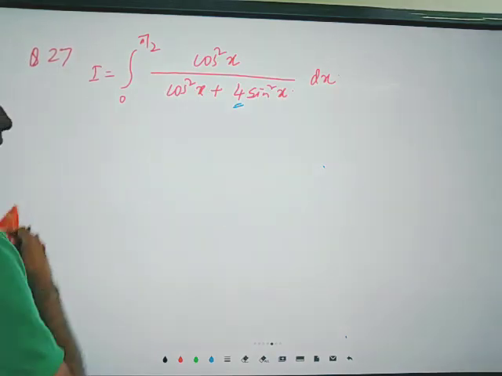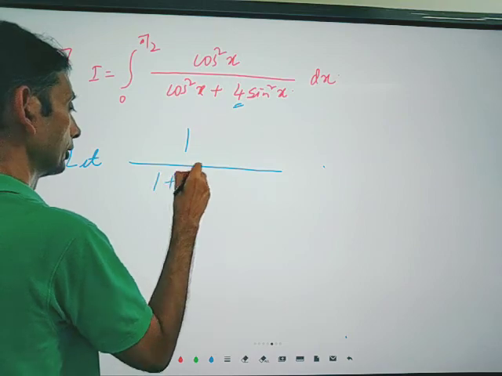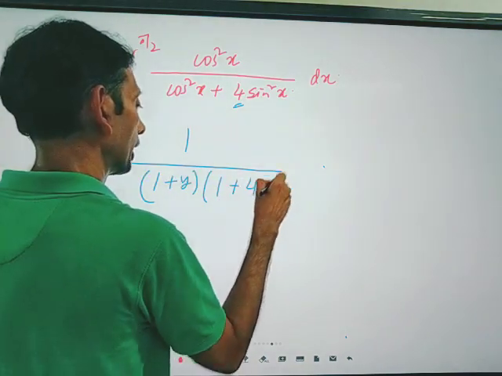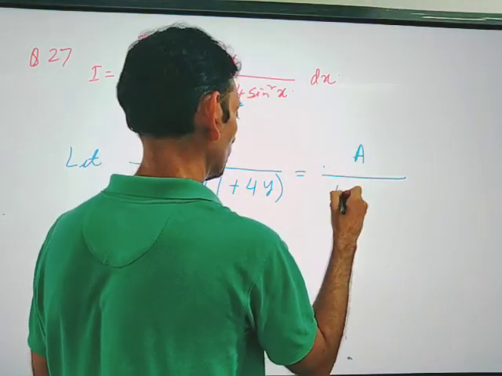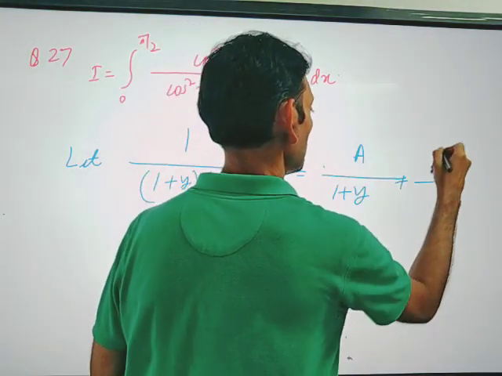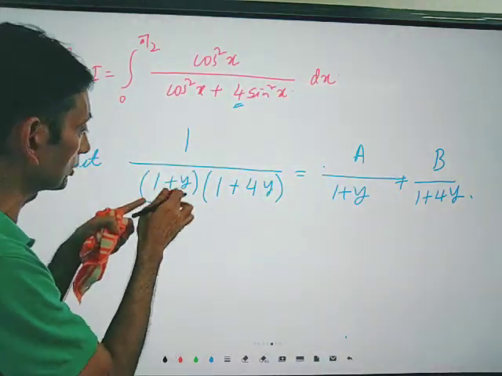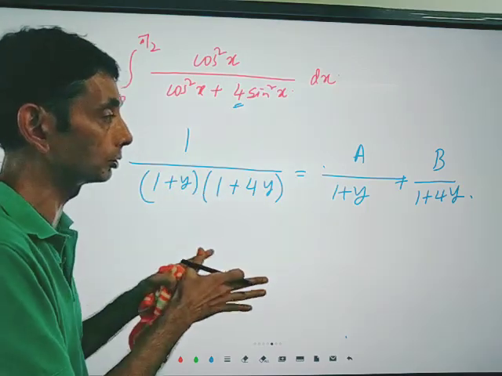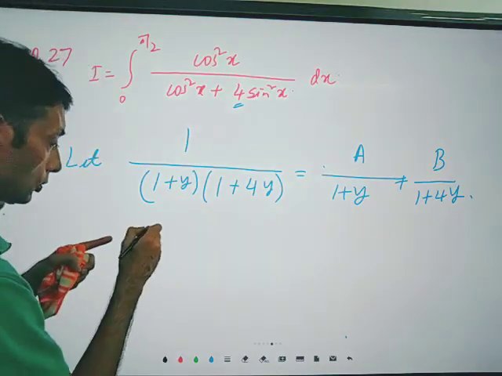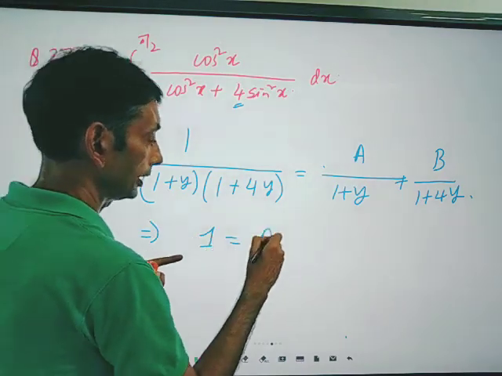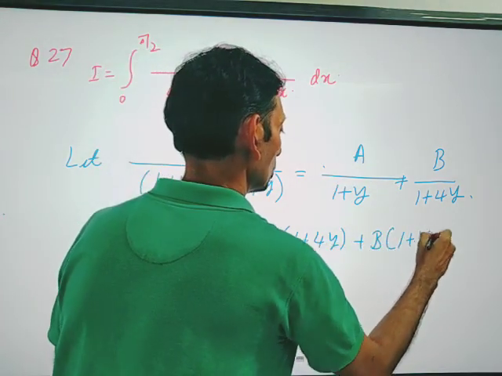Let 1 by (1 plus y)(1 plus 4y) be equal to A by 1 plus y plus B by 1 plus 4y. Things become very simple when we separate the terms in terms of y, not in terms of t squared. The next step: 1 equals A(1 plus 4y) plus B(1 plus y).